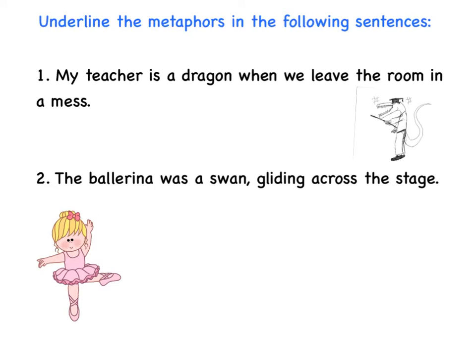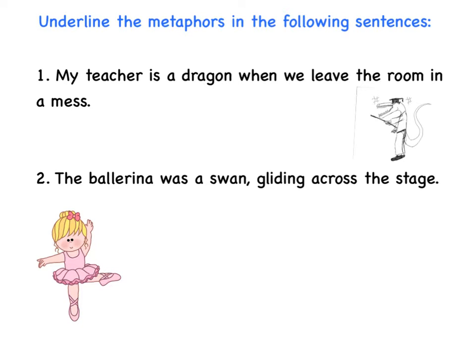Well, how did you go on each sentence? Let's have a look. Firstly, we'll get ourselves a pen so that we can underline the correct words that make up the metaphor. Okay. So the first sentence says, my teacher is a dragon when we leave the room in a mess.